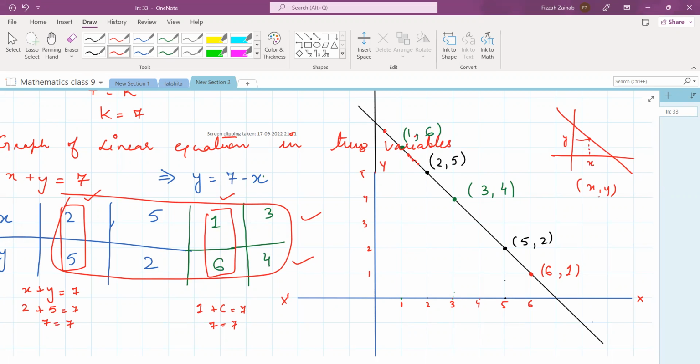So what you have concluded is that all the solutions will fall on the line on the graph, right? Any point on the graph is a solution. I mean, just the reverse thing I'm saying, right? Now, if there is a point which is not falling on the graph, let's say I have a point here, tell me now, is it a solution or not a solution?